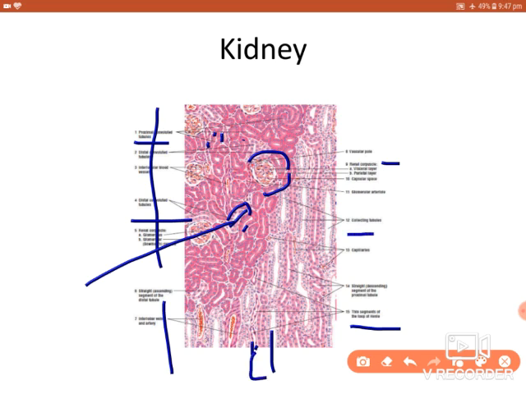Here you can see the collecting tubules, which are also pale stained. These tubules are lined with simple cuboidal cells. Thick segments of the loop are lined with simple cuboidal cells, and the large ducts are lined with columnar cells. Additionally, you can see the interlobular vein and artery here.